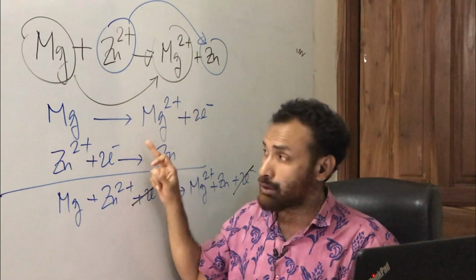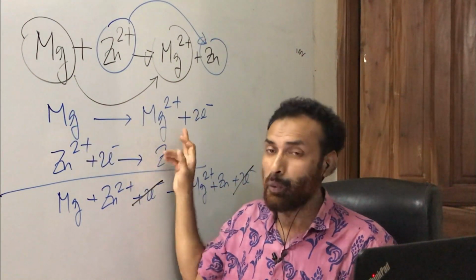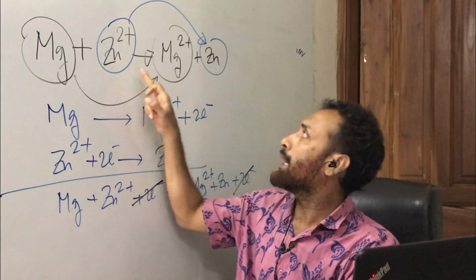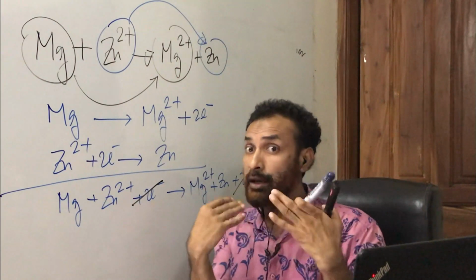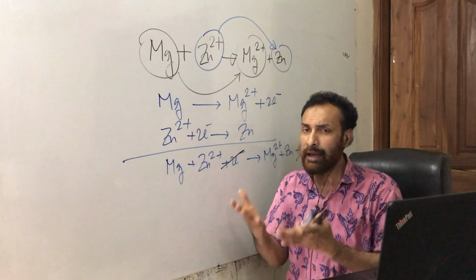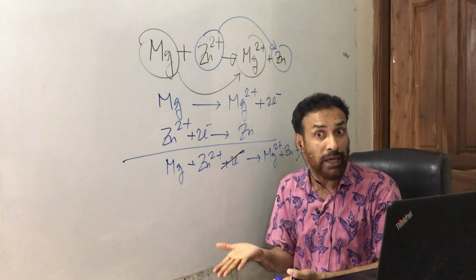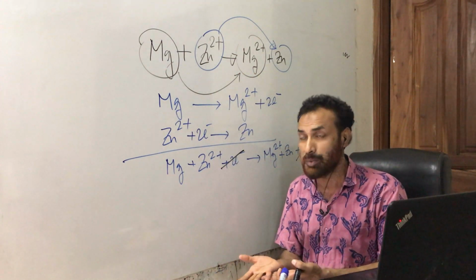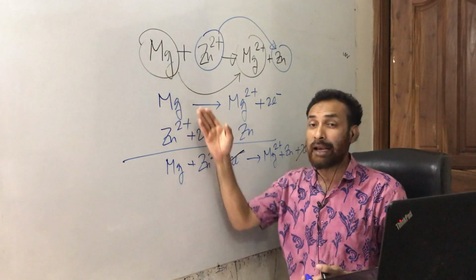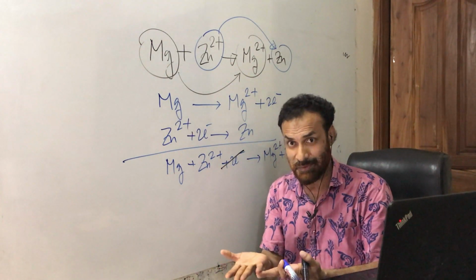Magnesium is losing electrons and it's oxidized. When magnesium is oxidized, this is its job, and zinc is reduced, the zinc ion gaining those electrons. Can the zinc ion gain electrons unless magnesium loses them? No, not possible. Zinc ions get the electrons only because magnesium is giving the electrons.